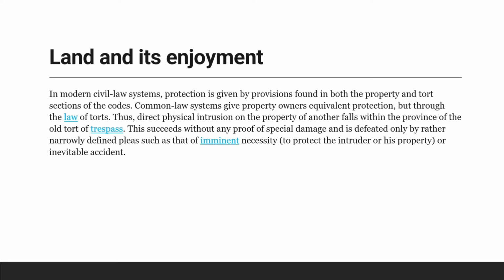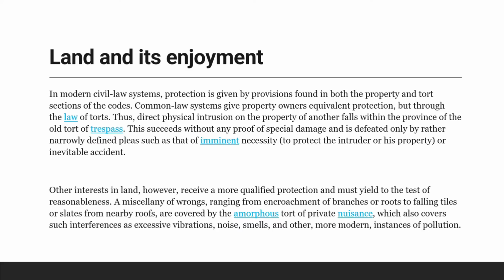Thus, direct physical intrusion on the property of another falls within the province of the old tort of trespass. This succeeds without any proof of special damage and is defeated only by rather narrowly defined pleas, such as that of imminent necessity to protect the intruder or his property, or inevitable accident.